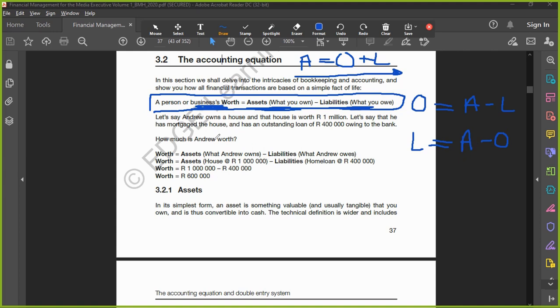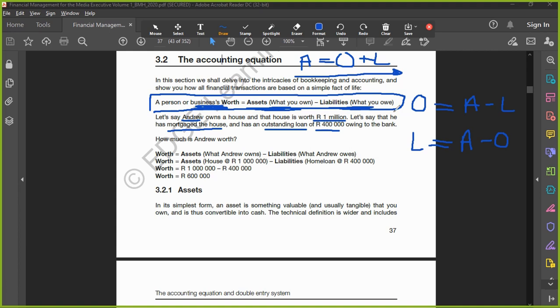So just remember that when looking at different types of businesses or even individuals, for example, Andrew owns a house that's worth $1 million. And he has a mortgage on his house, which is an outstanding loan of $400,000. What would his worth or wealth be?